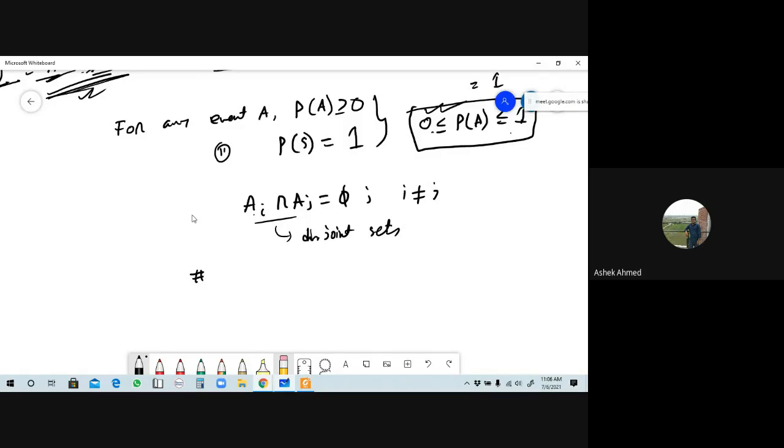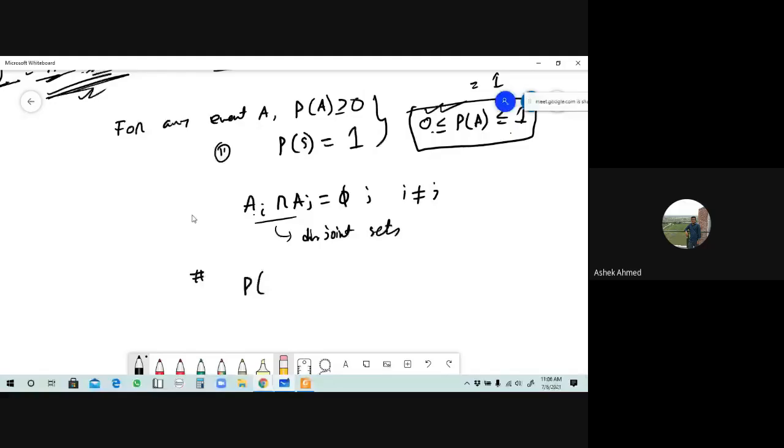If Ai intersection Aj is the empty set, then we can say that the probability of An, understand?